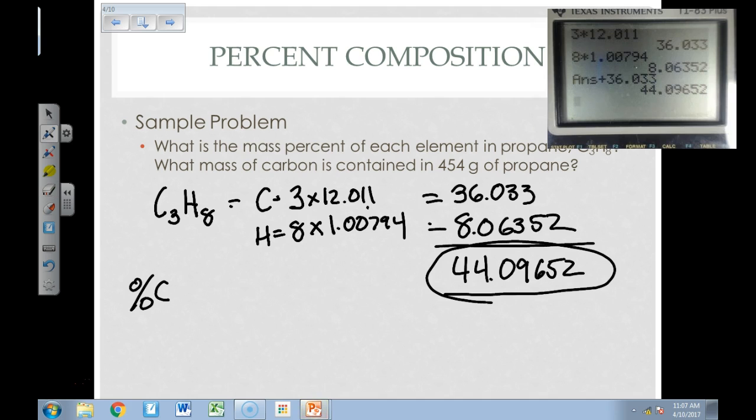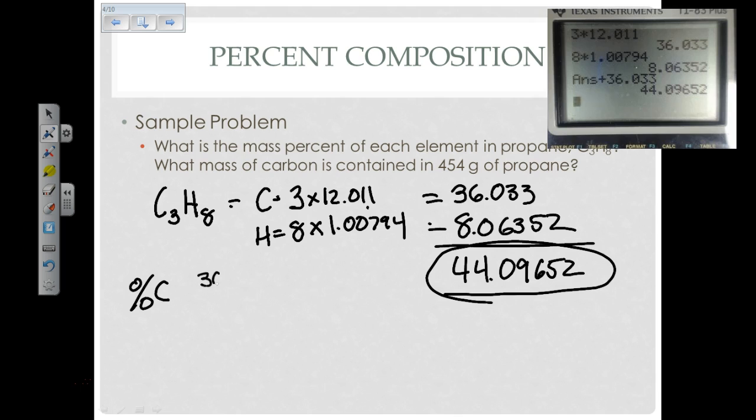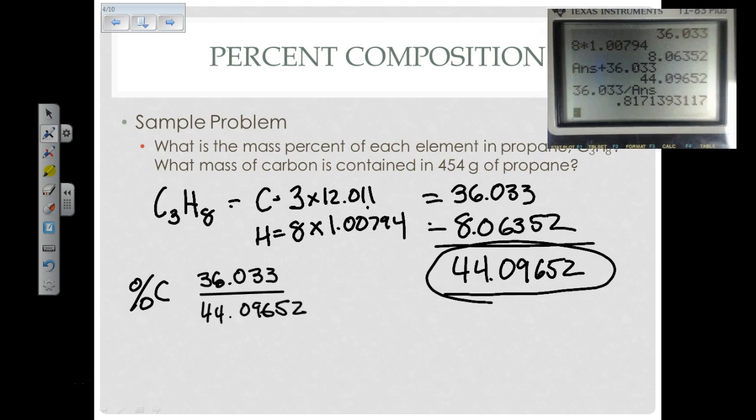The part is 36.033, and the whole thing weighs 44.09652. So I'm going to take 36.033, divide it by that answer, and then multiply it by 100.